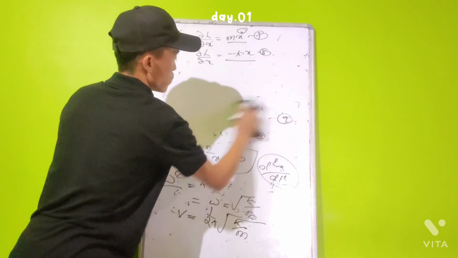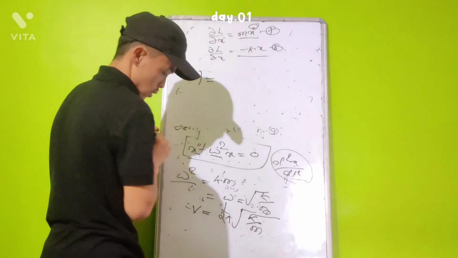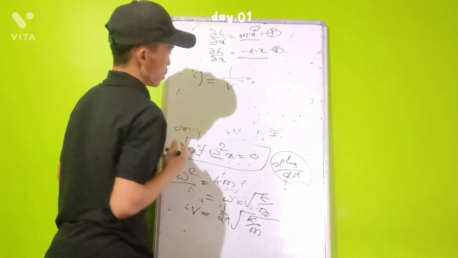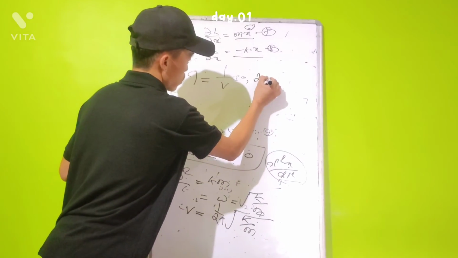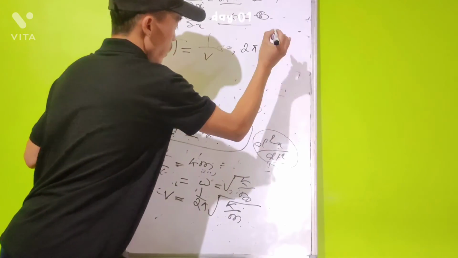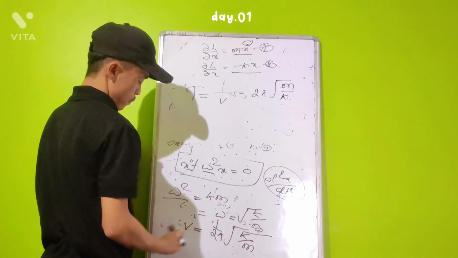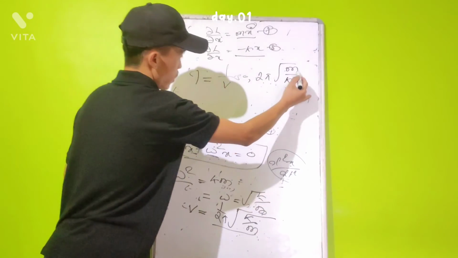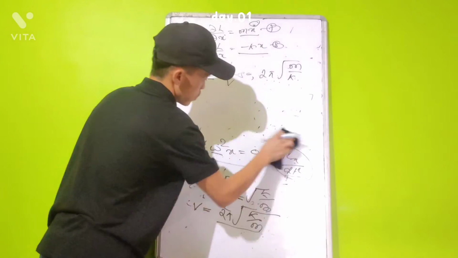Similarly, T is equal to 1 upon ν. So this will become 2π root of m by k, simply the reciprocal of ν. The reciprocal of ν gives 2π root of m by k.